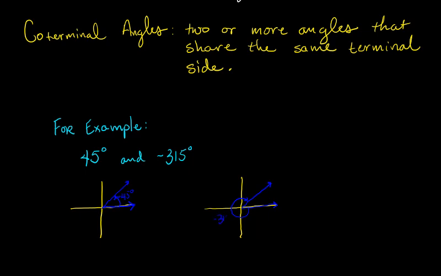That would be negative 315 degrees. So 45 degrees and negative 315 degrees are coterminal angles, because they share the same terminal side. Notice that this terminal side and this terminal side are in the same spot. That's all coterminal angles are.